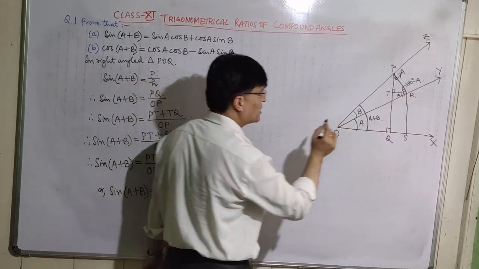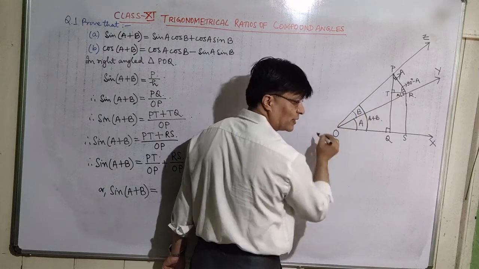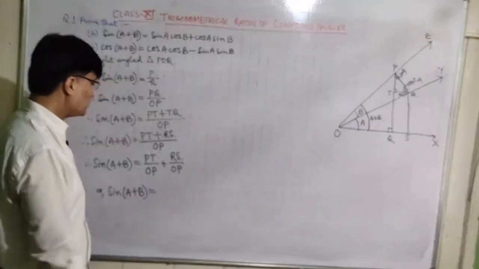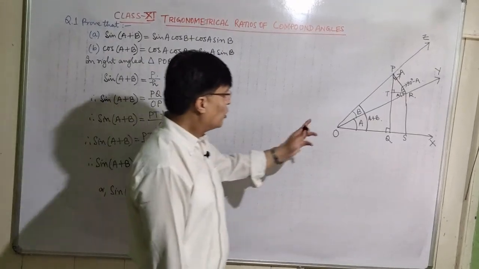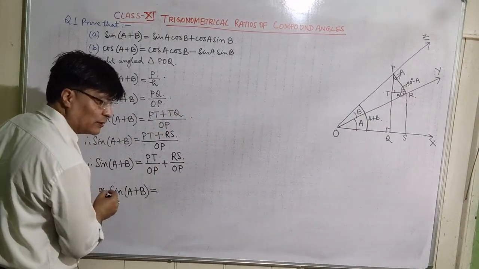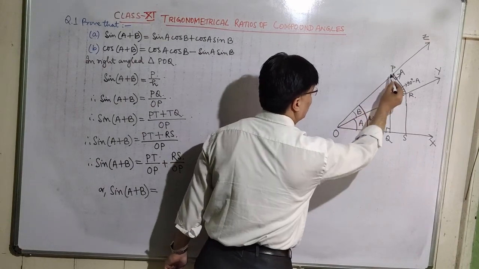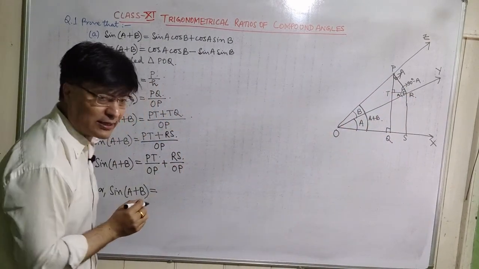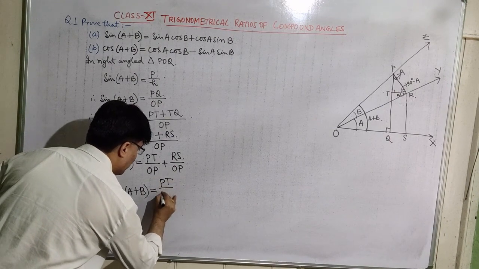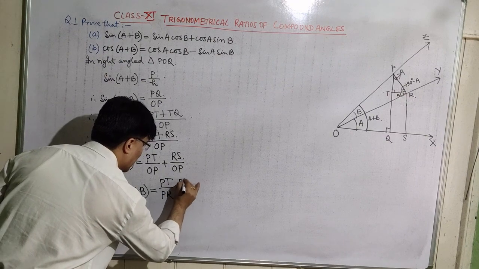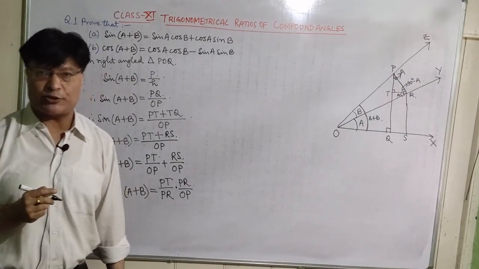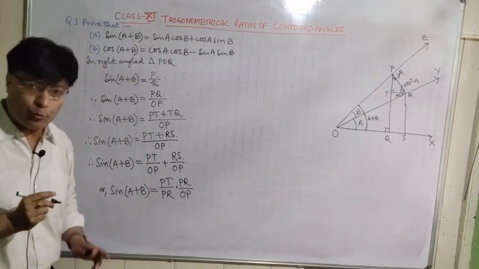So if you take PR, this POR is a right angle triangle and this PTR is also a right angle triangle. So we can write here PT upon PR into PR upon OP. This PR is known as the common line of intersection for both PT as well as OP.